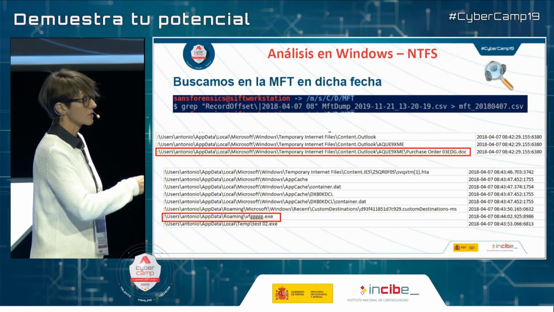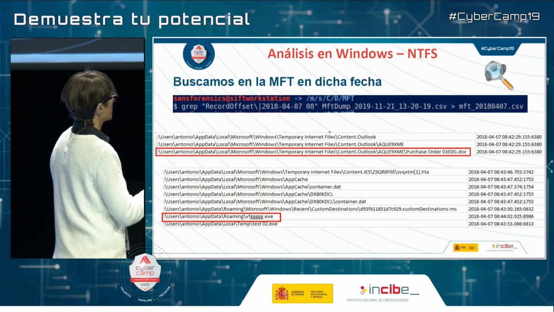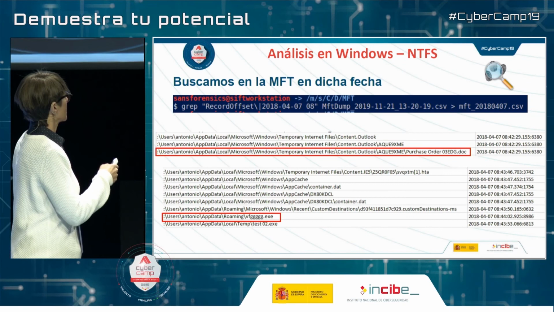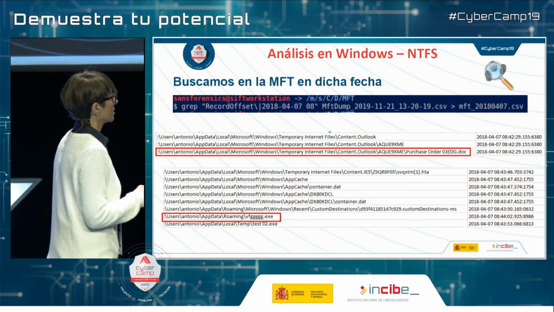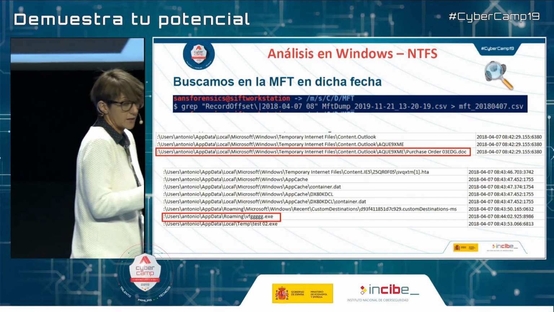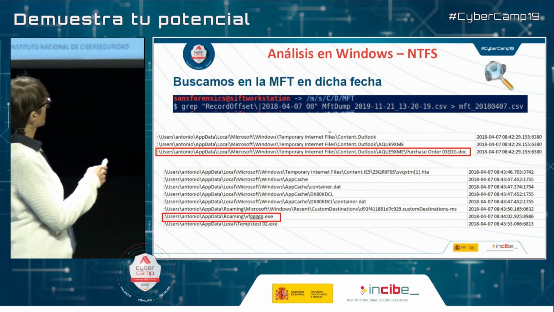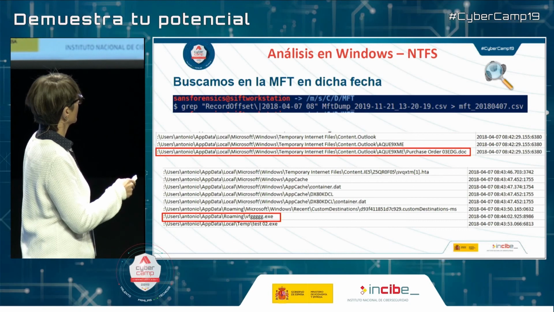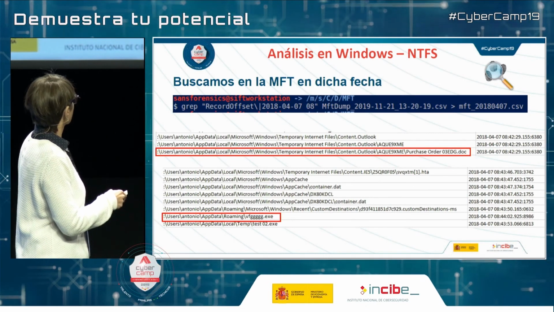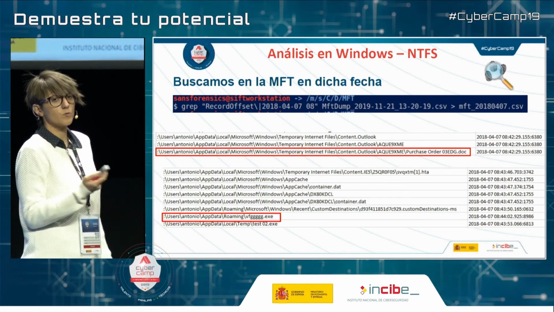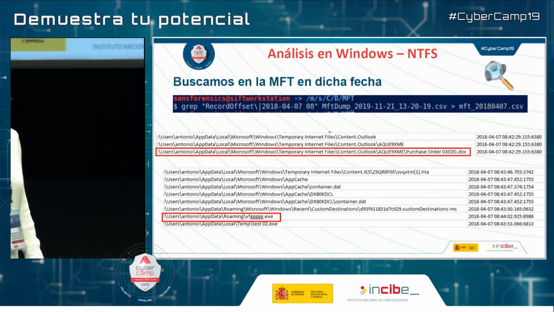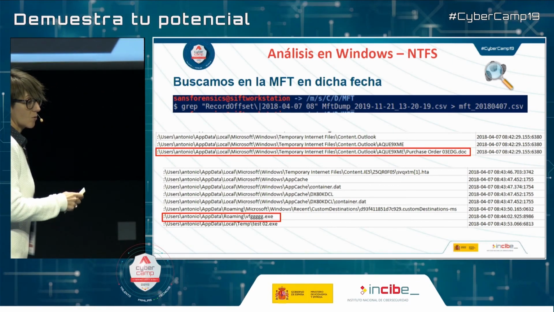So we have an HTA over here, which is in HTML, which really stands out. It's in the temporary files. It stands out as something that is malicious. In fact, it coincides with the date, 7th of April, a couple of minutes before this document appeared.